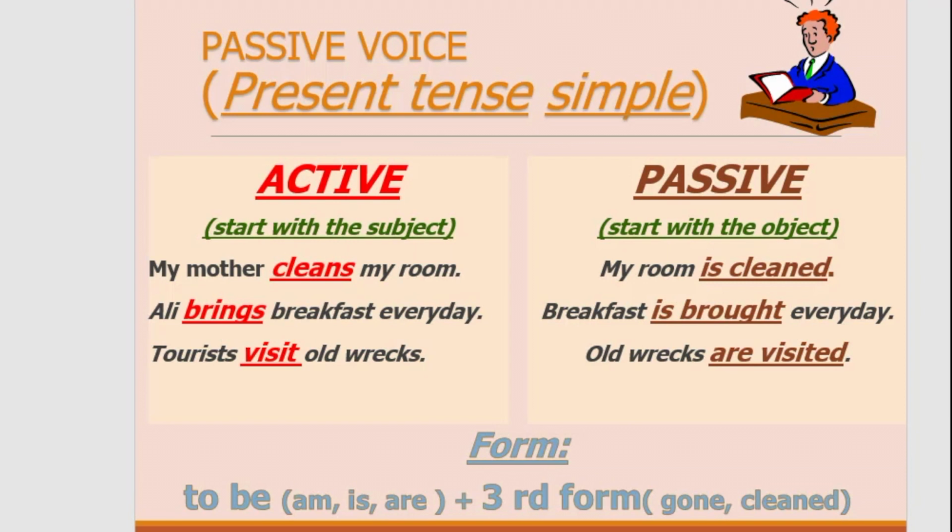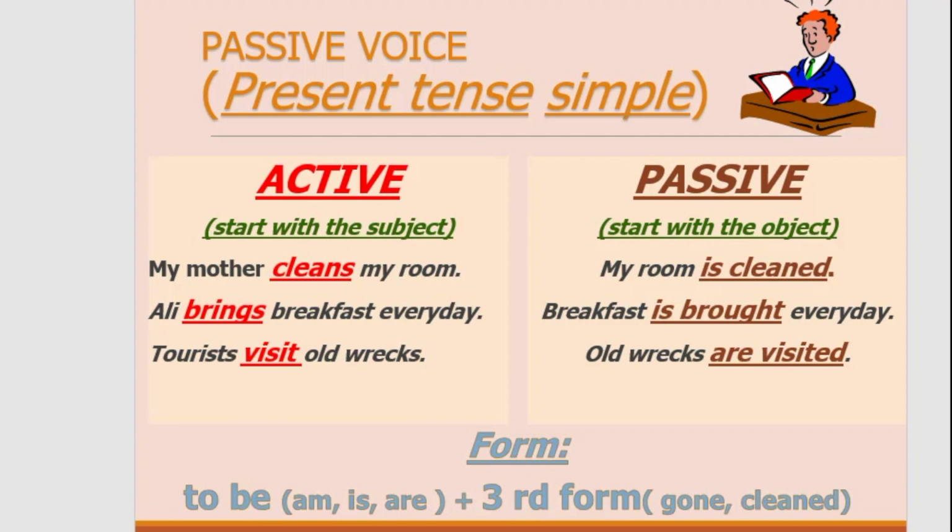المبني للمجهول يا جماعة نركز على الشيء الذي تم وليس من قام به كما تسمى في اللغة العربية نائب الفاعل. Now look at these example sentences. We're going to study the present simple passive. Look at the active sentences and notice how they are changed to be passive. Start with the subject.